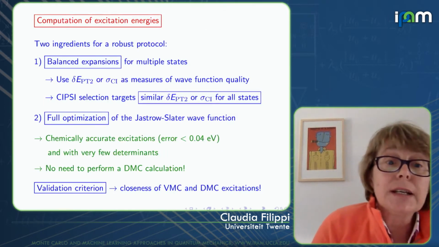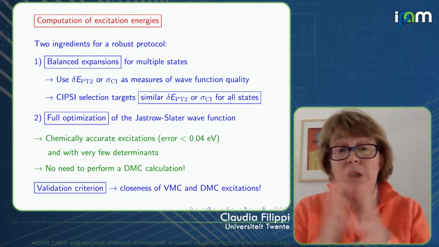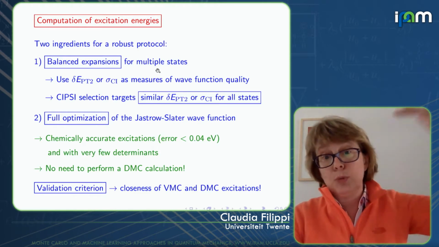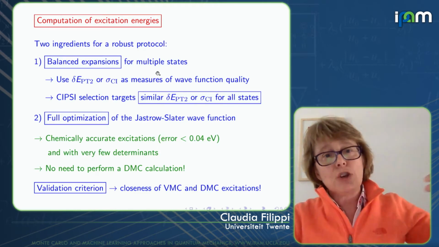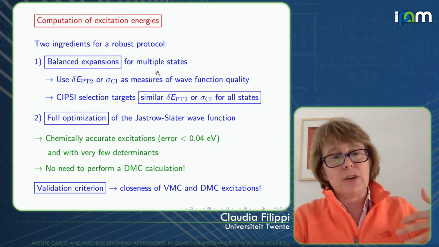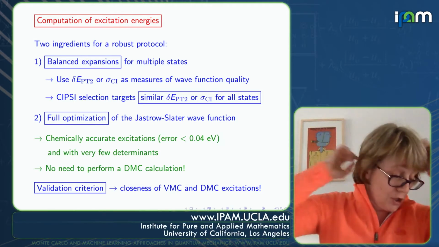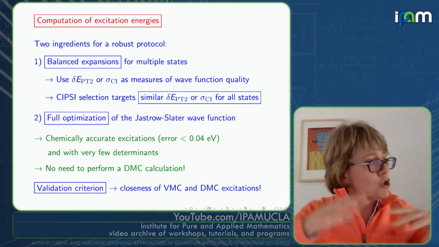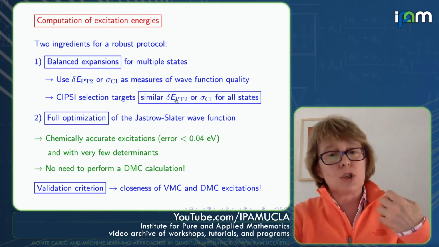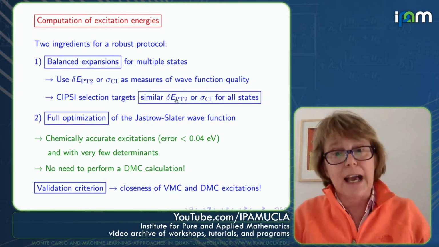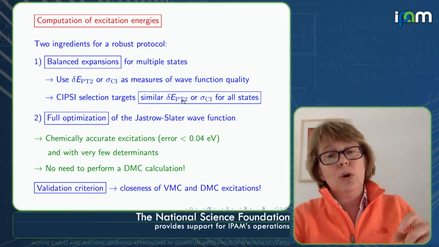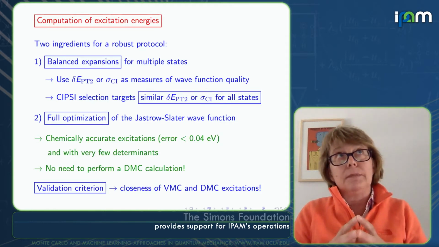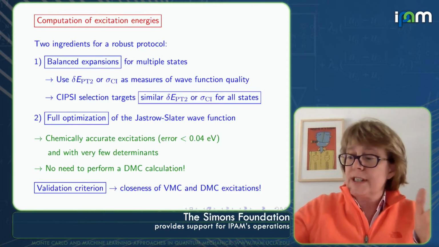So how do you do this? There are two ingredients. First of all, we are dealing with multiple states, so we are doing the expansion ensuring that they are balanced. Okay, they might actually have a different number of determinants if they have different symmetry, or the same number of determinants, but we might adjust the selection criteria so that the expansion at the CI level has either the same variance or the same total PT2 energy, which we can view as the error with respect to the full CI limit.